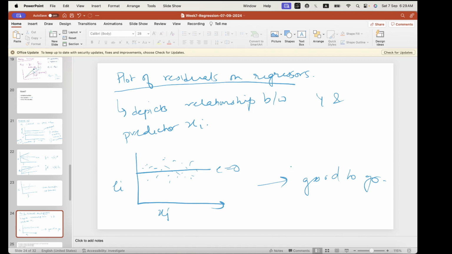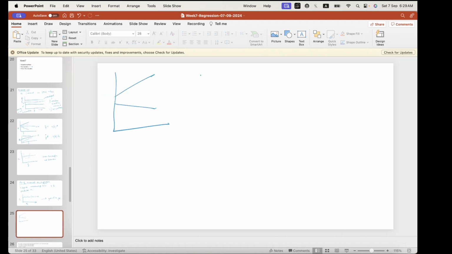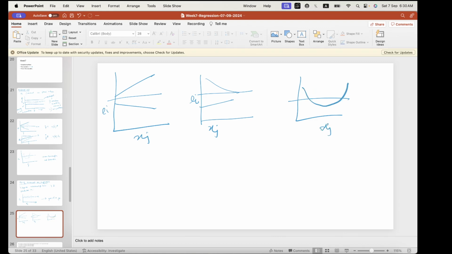But if we have something like this, as we previously saw, or something like this about the equal to 0 line, where this is x_j and this is e_i, or some sort of non-linear relationship, let's say something like this, these are situations where we will be able to find out the relationship based on these graphs.